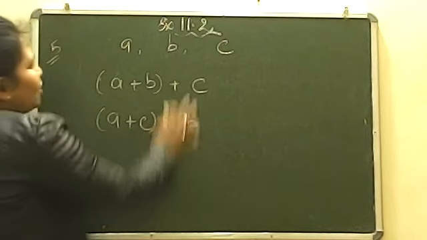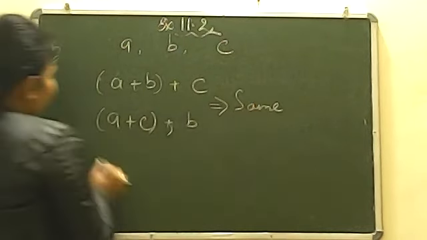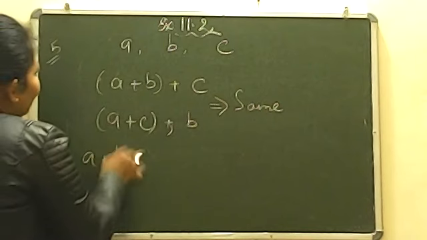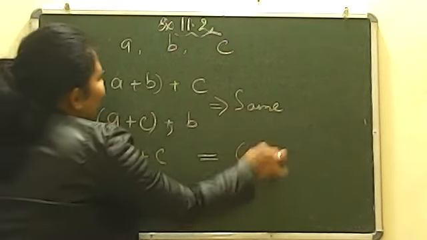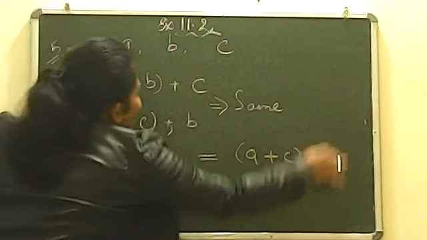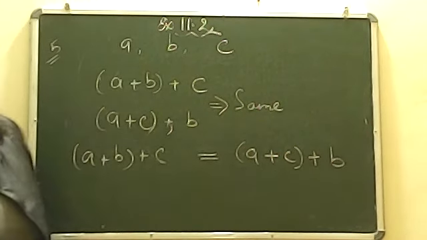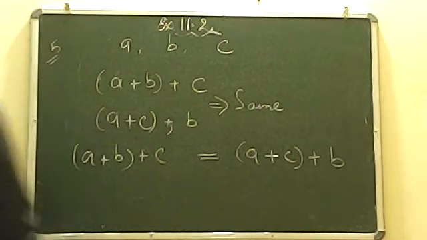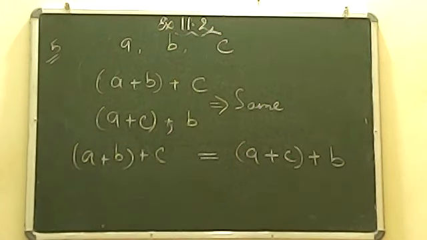It means in both the cases they will be same. So I can simply write it down a plus b plus c is equal to a plus c plus b. This is our associative property. So exercise number 2 is finished. It was just about this.